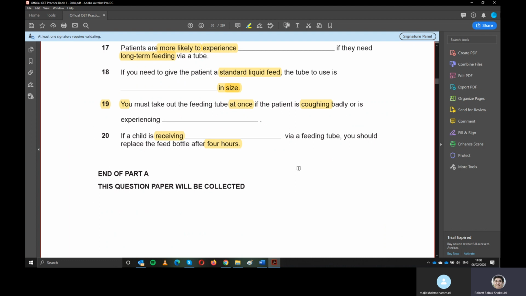What I'm saying is these last two questions were easy, weren't they? If the patient is coughing badly or is experiencing breathlessness, or if a child is receiving what? If you don't have enough time to see these two questions, which are so easy, you've lost.